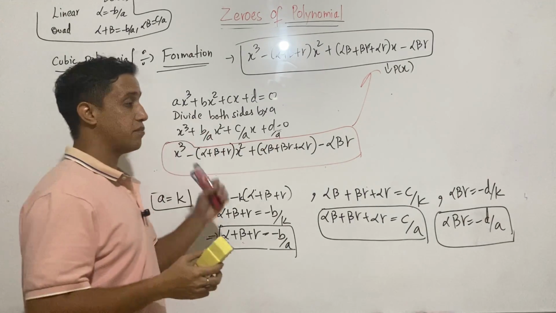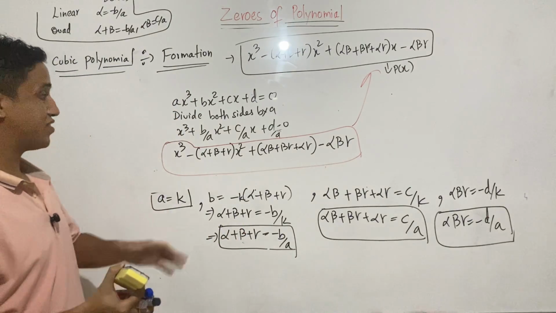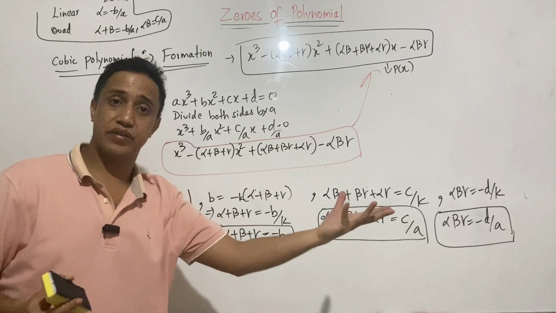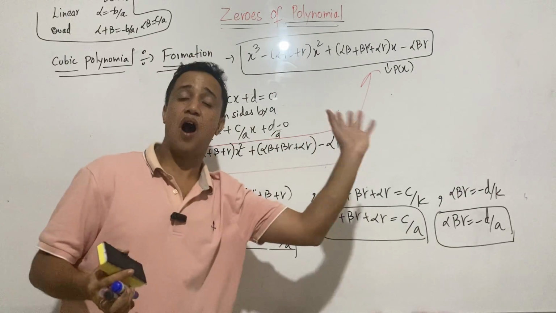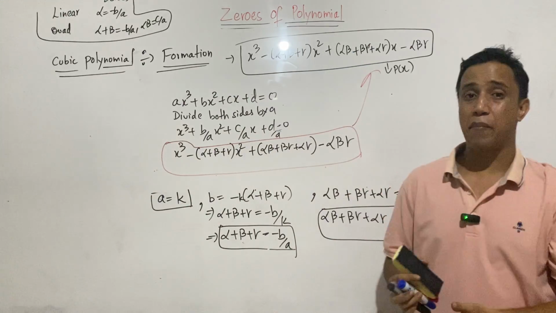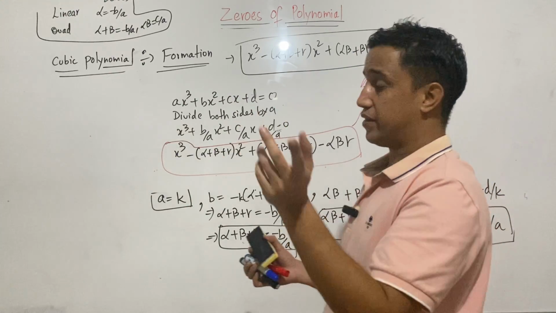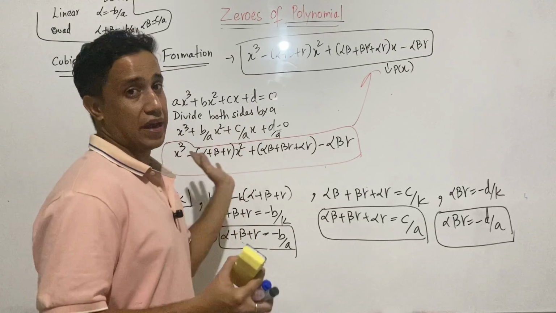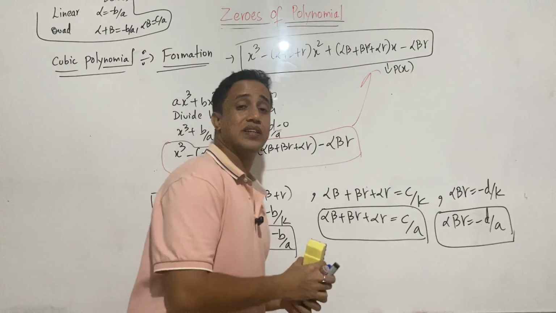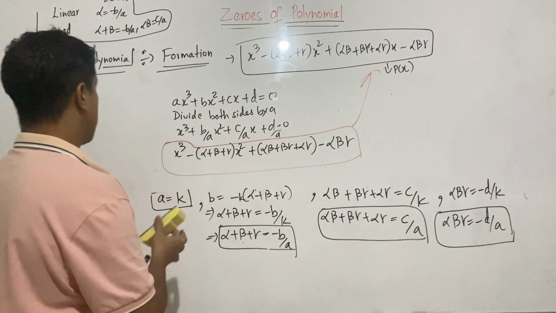You can say that, let's say alpha, beta, gamma and some other quantity are the zeros of a biquadratic polynomial. Then take k with them and then multiply and then compare. Okay, so this is quite easy, right?